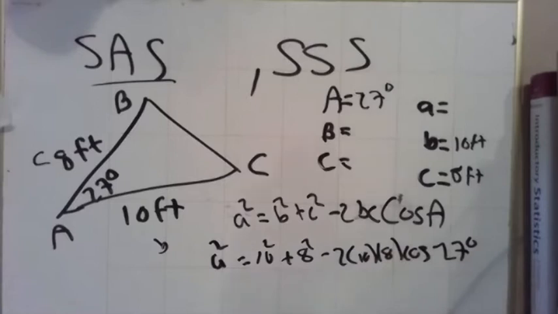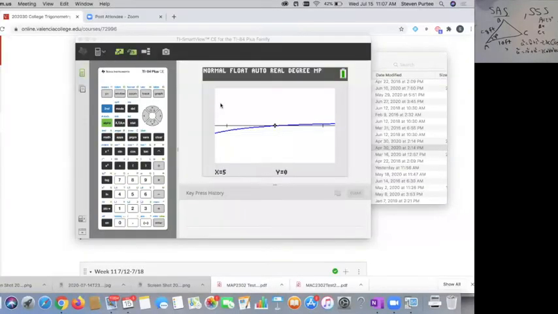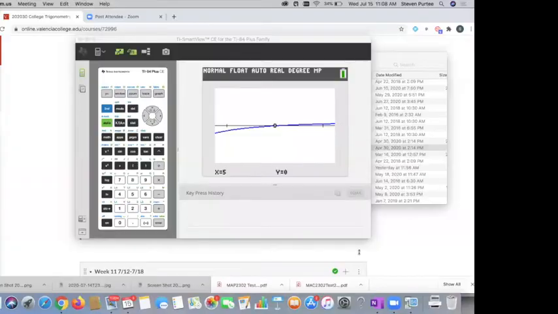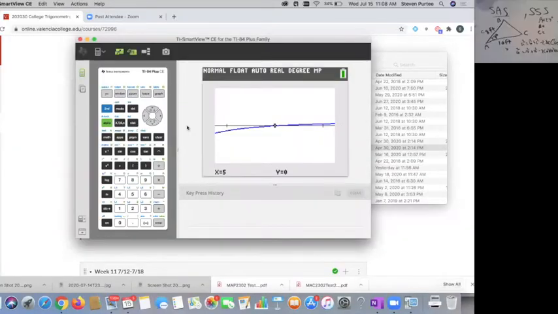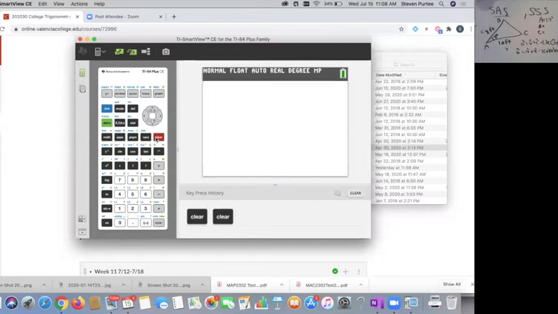27 degrees. All right, let me pull up my calculator and show you what that looks like. Okay, so we want to type this into our calculator.